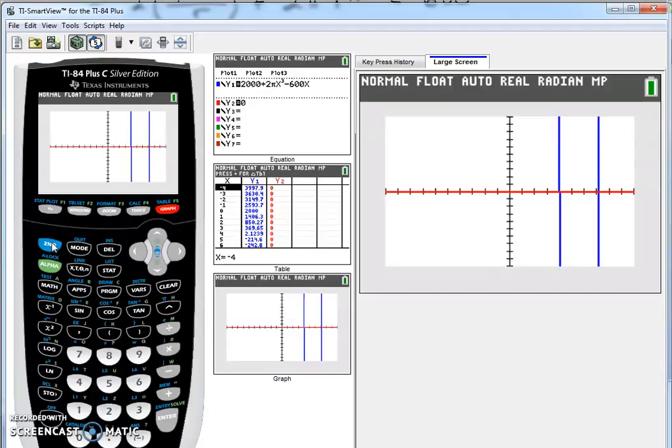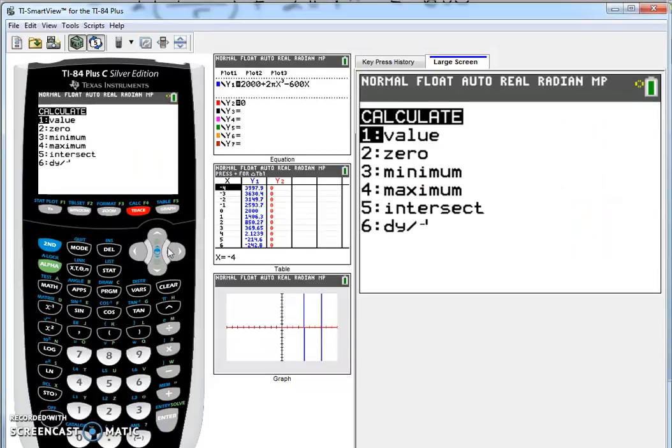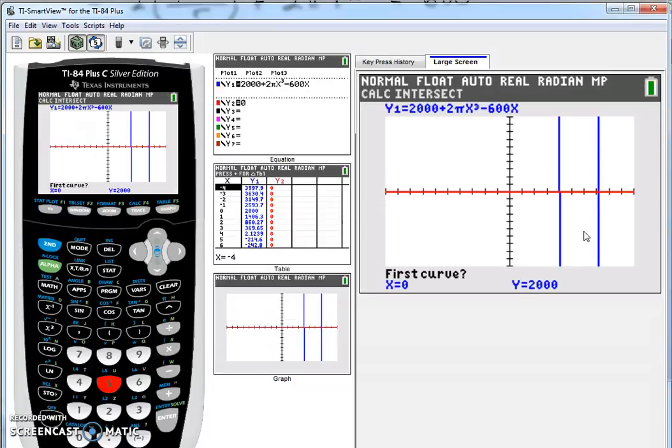So you can use your graphing calculator to calculate the intersection. Go to second, trace, and the fifth one is intersect. You've got to guide your calculator as far as what intersection you want. So use your cursor to get really close to the intersection that you want.